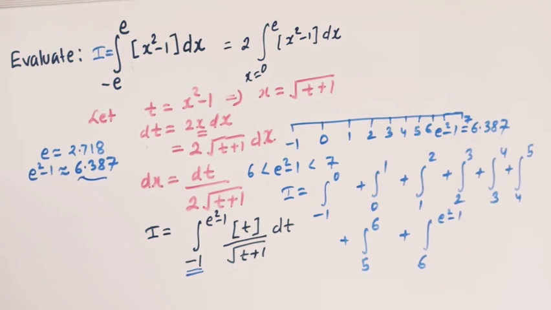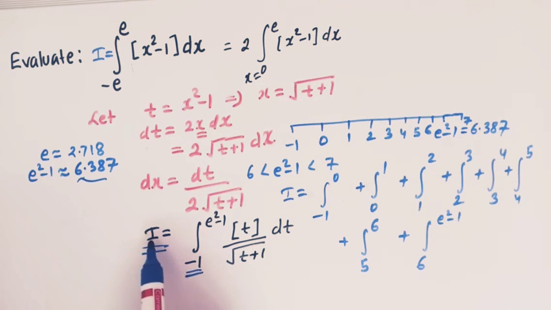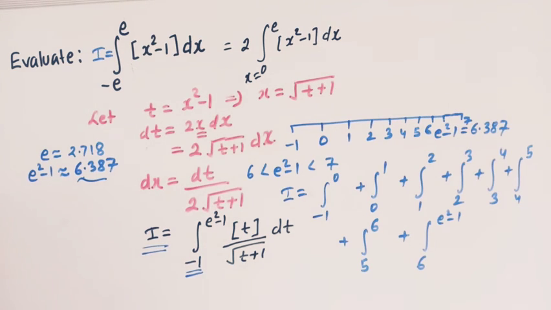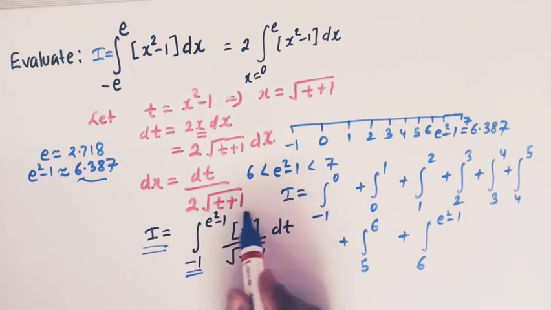So it means here we have split this integral I into 1, 2, 3, 4, 5, 6, 7 and 8 integrals, right? And in place of the integrand we will have this function.